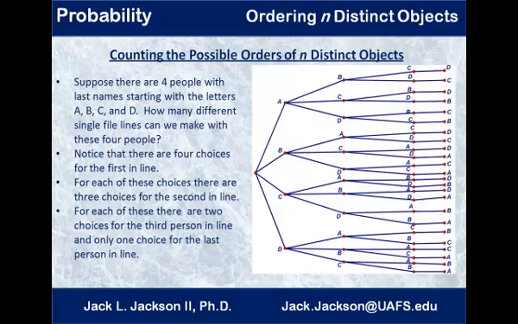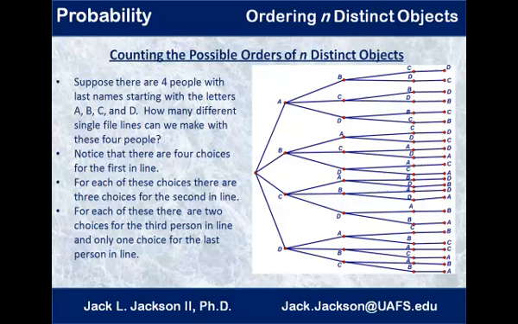So if we, for example, choose A for the first person, we can either choose B, C, or D for the second person. Likewise, if we choose B, our choices for the second person are A, C, or D, and so forth. So for each of the 4 branches we start with, each one of those has 3 possibilities for the second choice.